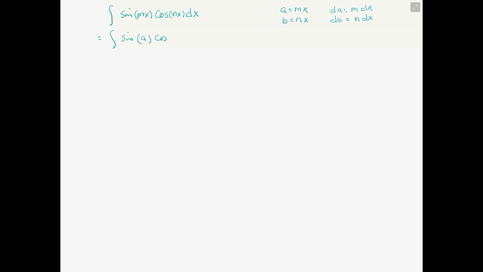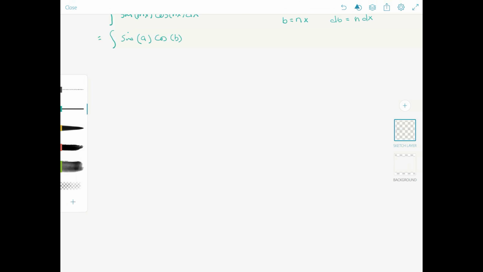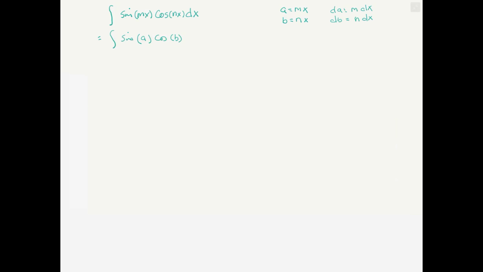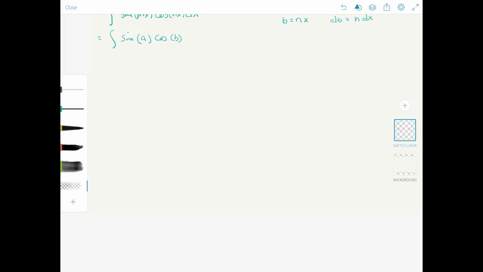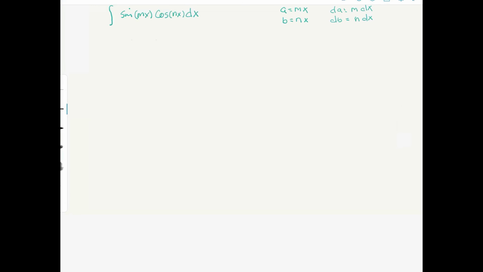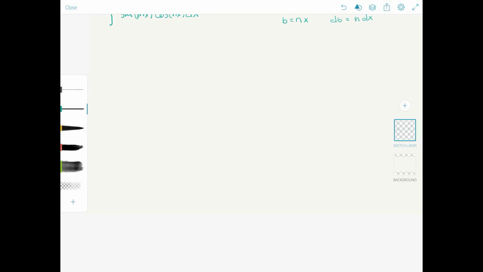So we have cosine b and dx. Well, we don't want to change the argument. I just wanted to show something. Yeah, I'm running into a conundrum here. So we have to be more careful.